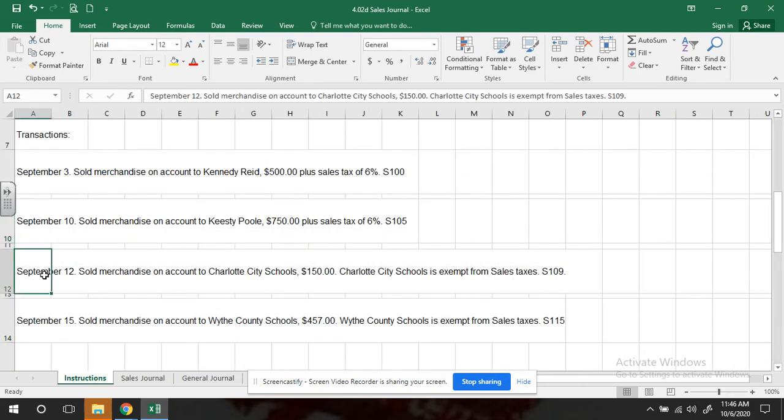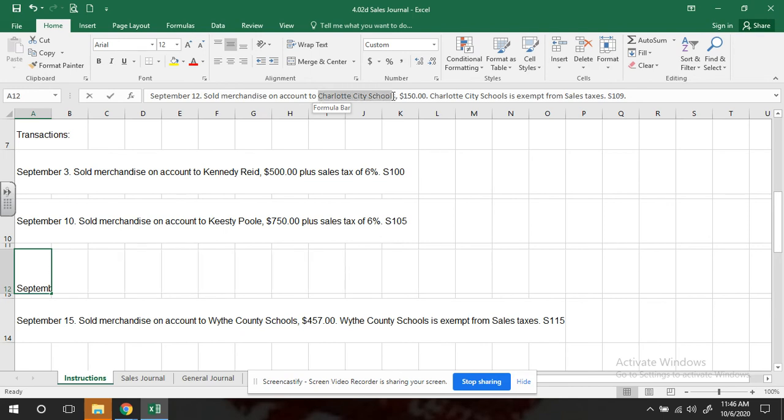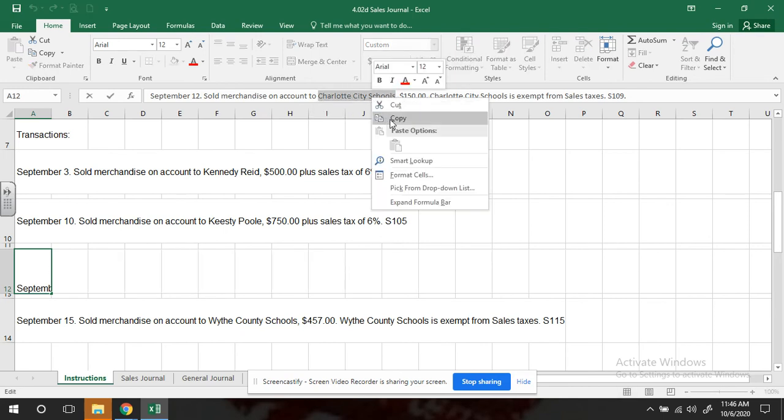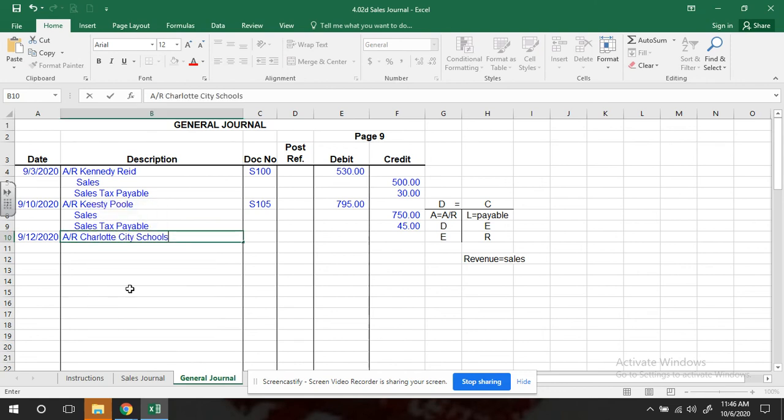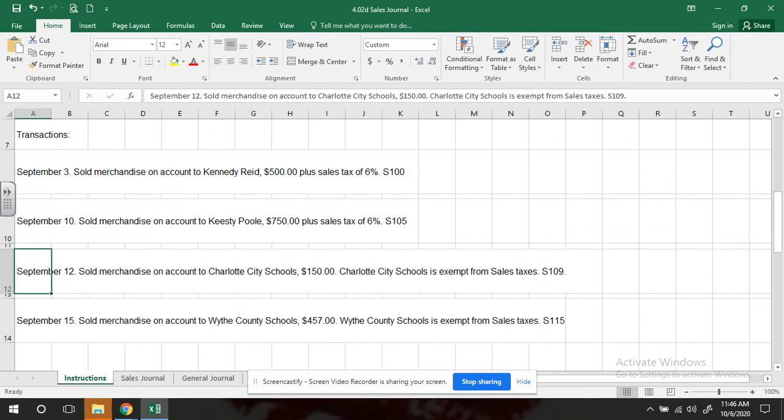Next transaction is on the 12th, and this is Charlotte City Schools. And this was S109.